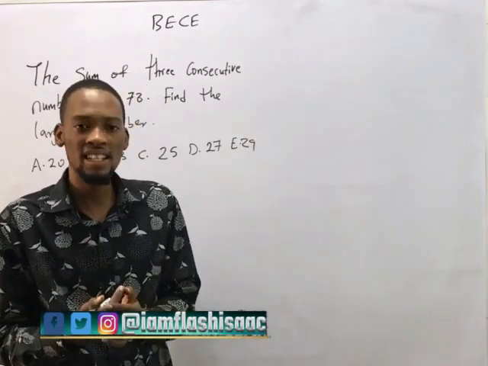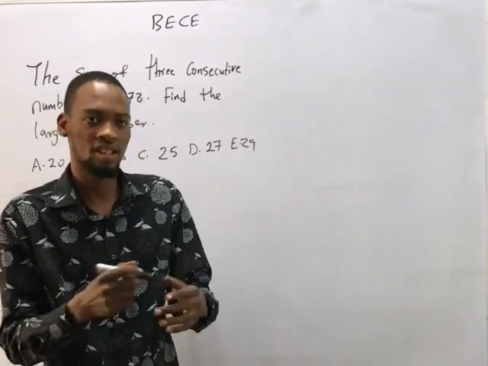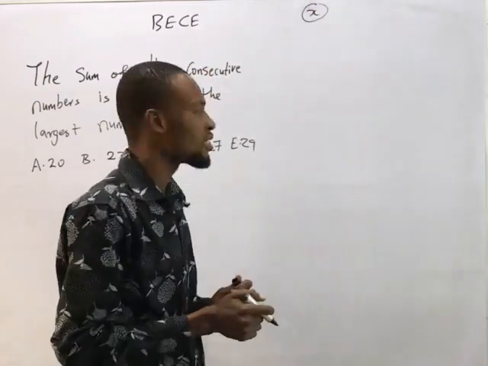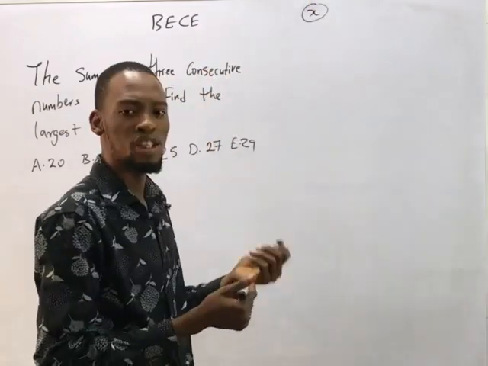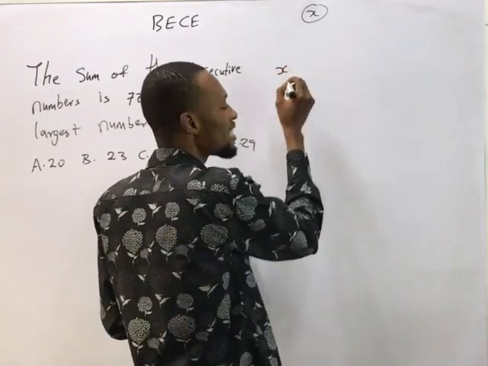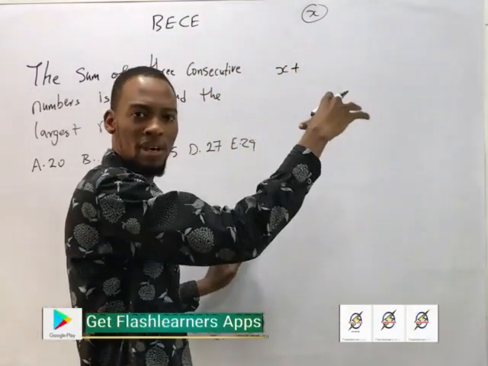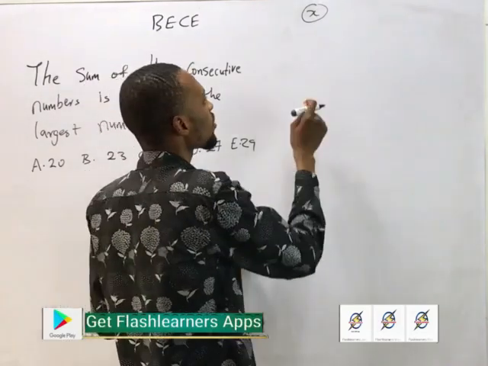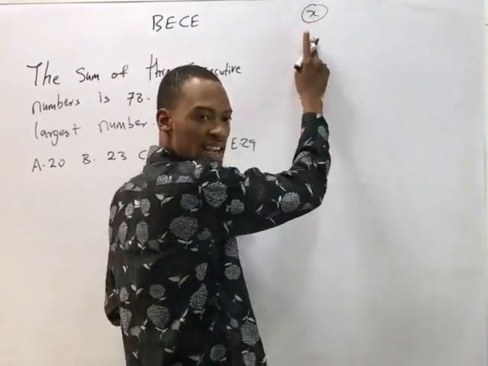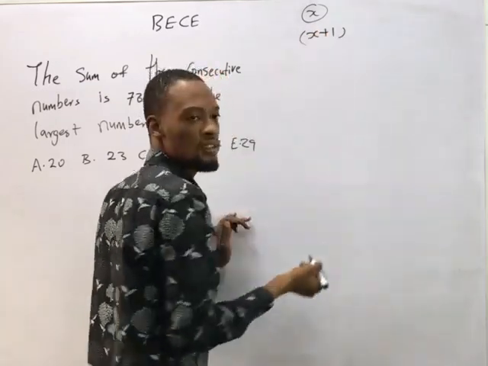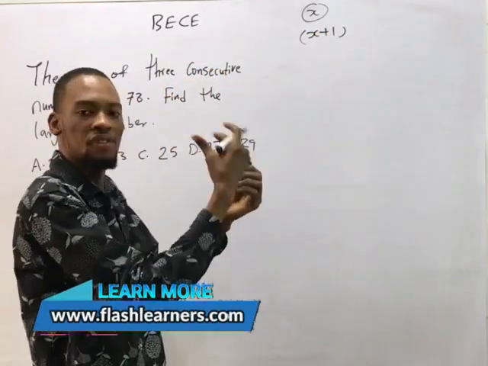Now, let's say the number is S. So if the number is S, then for consecutive numbers, the first number is S. Now, the second number will be what? S plus 1, because it's consecutive, it's increasing.